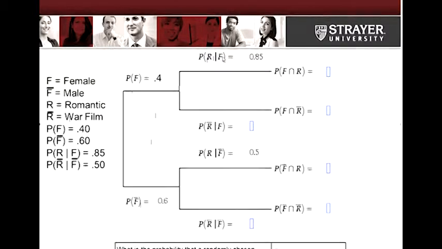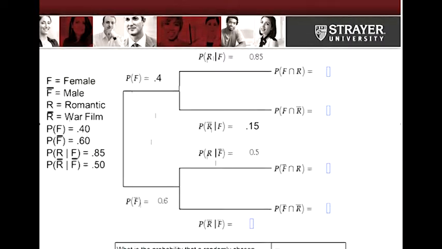So what's the probability of romantic given that the person was female? Well, that was the 85%. So if 85% of the people did this, what was the probability of wartime given that a person was female? Well, that would be 15%, 0.15. Continuing on down, if the probability of the romantic given that a person was male was 50%, what's the probability of war given that the person was male?